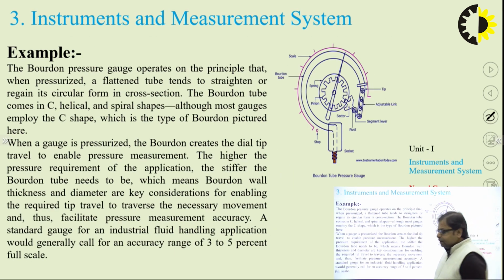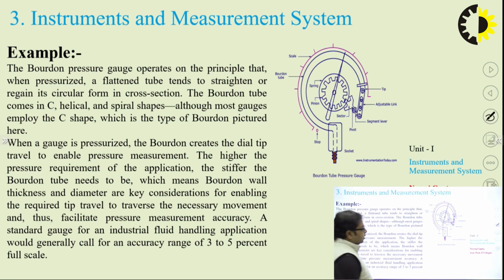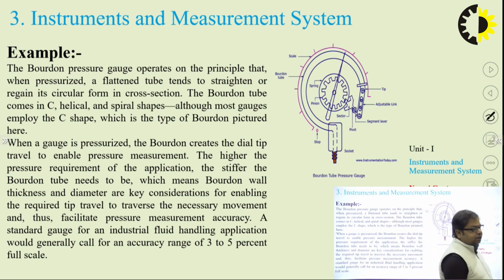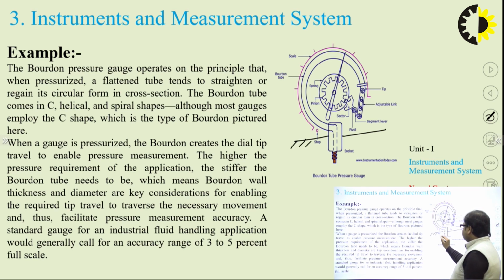Now, we can understand this generalized measurement system with the help of this example of a Bourdon tube. A Bourdon tube is kind of a C-section, where this half is fixed and pressure is being applied from this point.